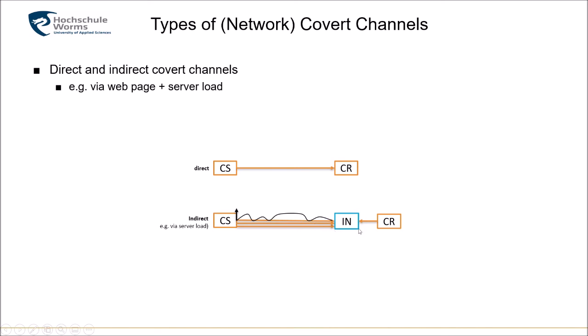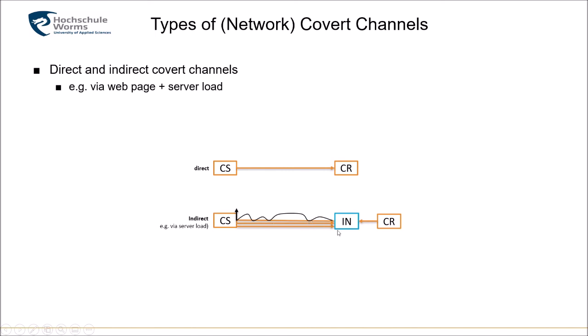The idea here is to influence the load on the web server, and while the covert receiver tries to probe and also get requests fulfilled from the web server, the response time of the web server will be longer if the covert receiver requests a website during a high load from the covert sender, and it will take less time if the covert receiver requests a website while there is little or no load from the covert sender.